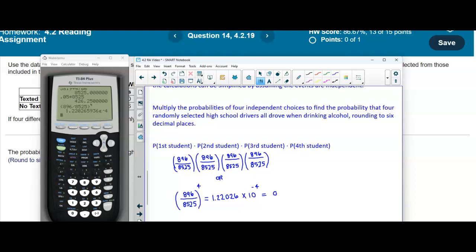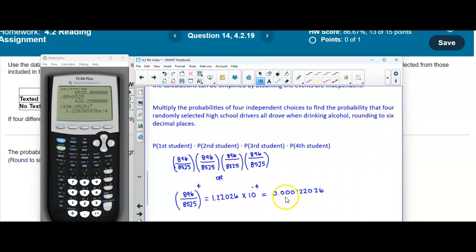So we're going to get 0.0001, and then we have 2, 2, 0, 2, 6. Now the next thing we want to do is round this decimal to 6 decimal places.